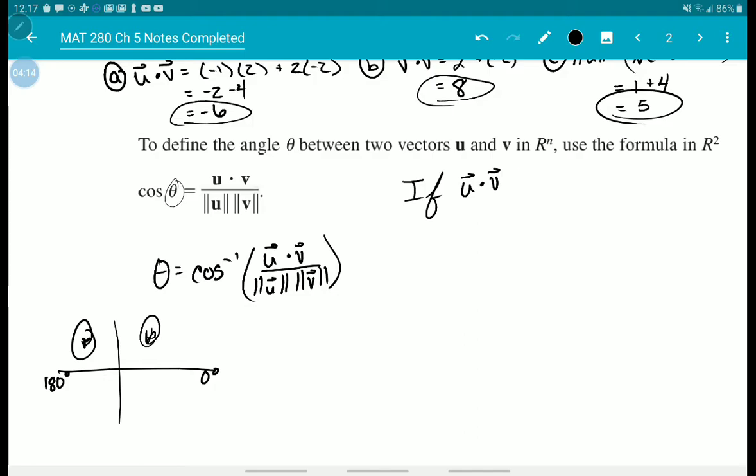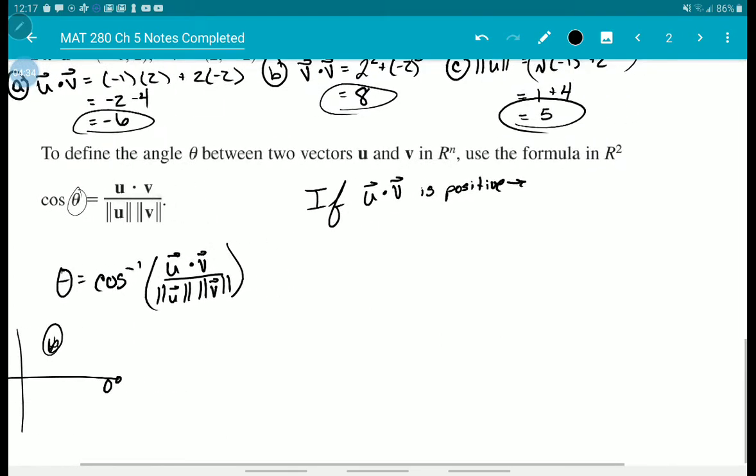So if that dot product happens to be positive, that means we're going to have an acute angle. So the angle will be something between 0 and 90 degrees. So I'm going to write it this way.